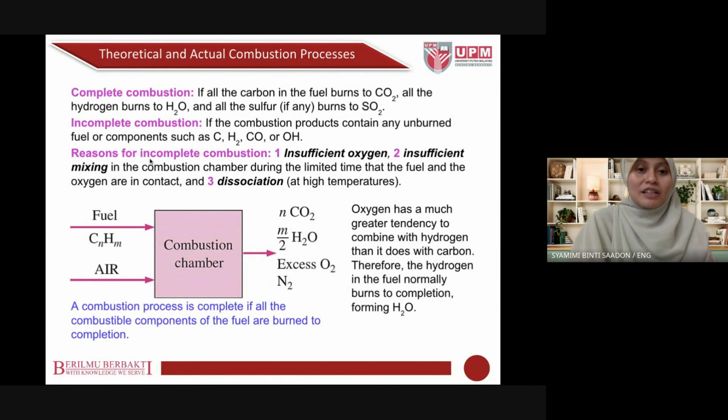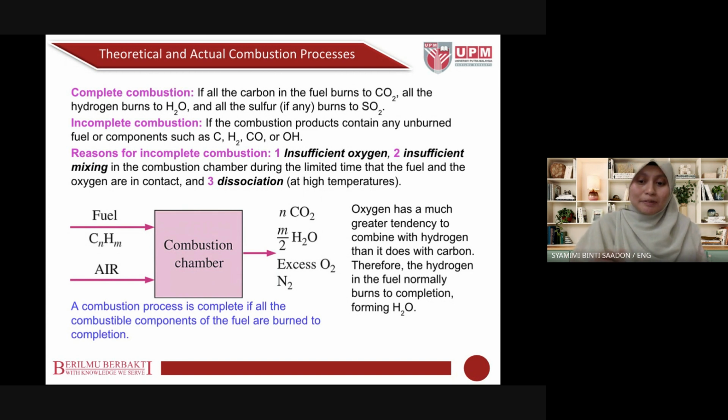Reasons for incomplete combustion: insufficient oxygen or air, insufficient mixing in the combustion chamber due to limited time of contact for the reaction between fuel and oxygen, and dissociation at high temperature, the dissociation of the molecules of the chemical compounds.